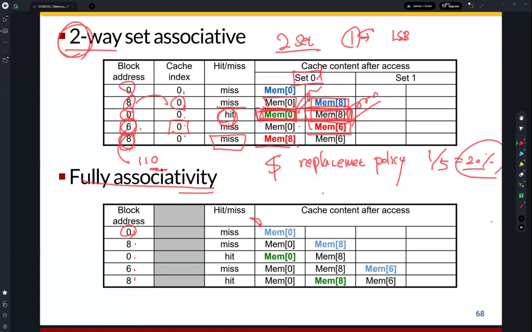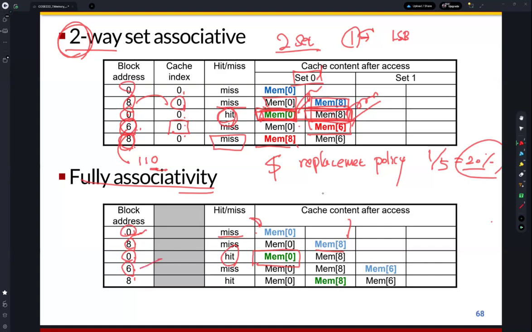So the first request is a miss, and then the 8 is also firstly requested, so it's a miss here, and then 0 is newly allocated. Oh, memory 0 is here, so it's a hit.